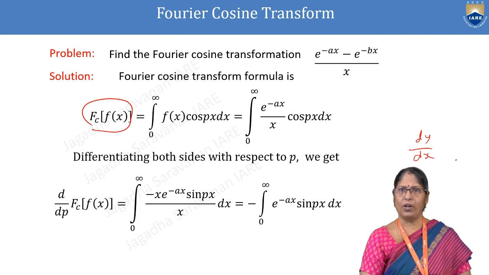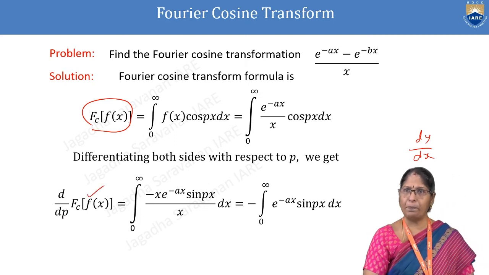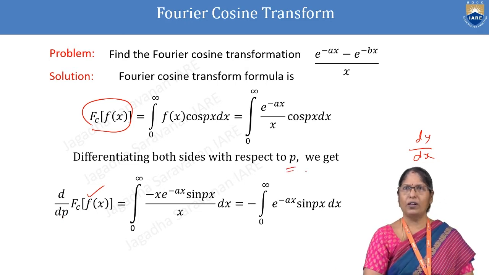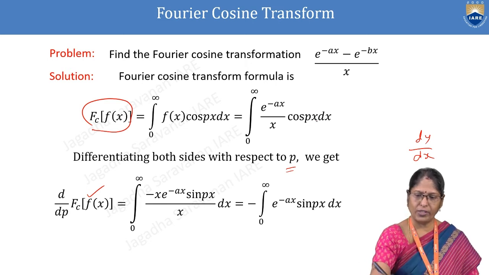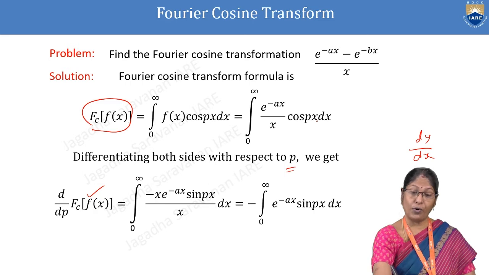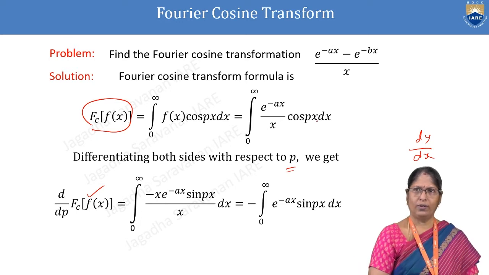This is the formula, so d of this divided by dp. Why do we have to do it with p? To bring the result, because actually the integration is with respect to x, in that Fourier cosine transform formula. But this we have to solve.